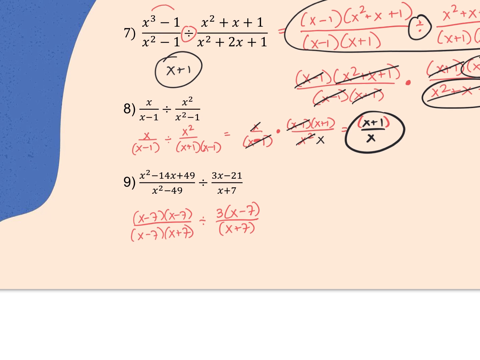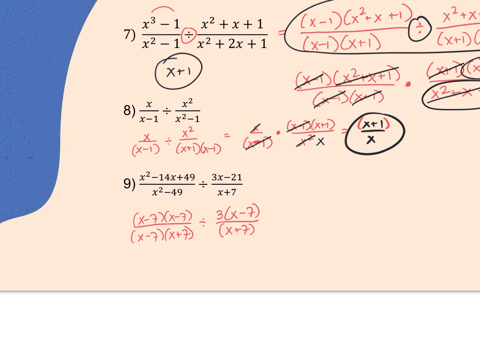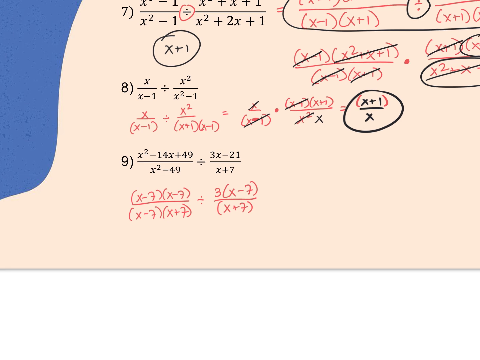So I left it as a division. I factored everything. From this point now, I'm ready to do my stay, change, flip. So again, the fraction on the left, let me just rewrite it, x minus 7, x plus 7, change it to multiplication, flip the fraction on the right, 3 times x minus 7.